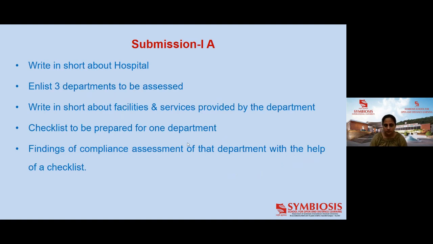So you have to prepare the checklist and submit the department. Now the findings of compliance assessment of that department with the help of the checklist. You can check the compliance against whichever checklist you are comparing with, whether these procedures are followed in the given department or not. These compliances you can write down.